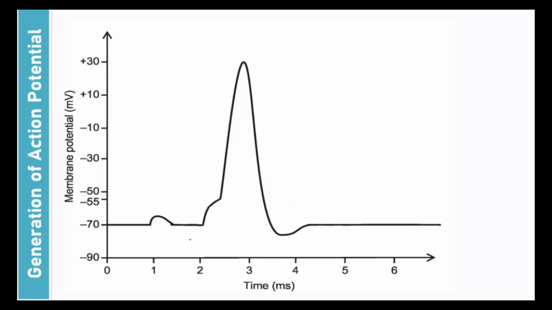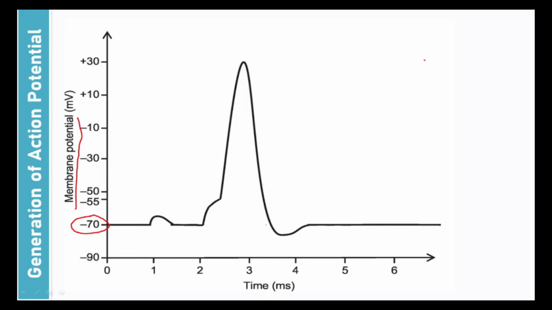Whenever we are talking about the generation of action potential, the first important point is membrane potential. We know that the resting membrane potential in a neuron is minus 70 millivolt.